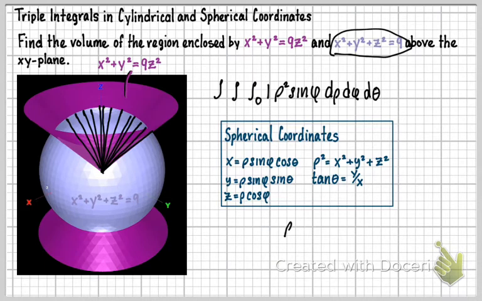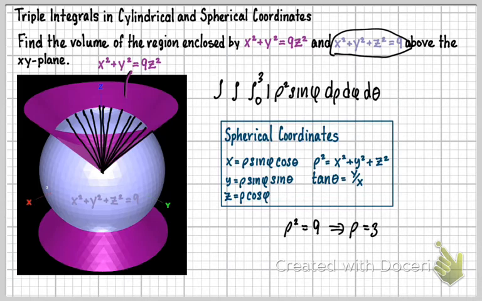That means rho squared is equal to 9, which implies rho equals 3. So all of those lines, they're going to go from 0 to 3. So that's our first bound there, which is rho. Now, these are actually very simple when I'm dealing with spherical surfaces. It's very easy to do these.